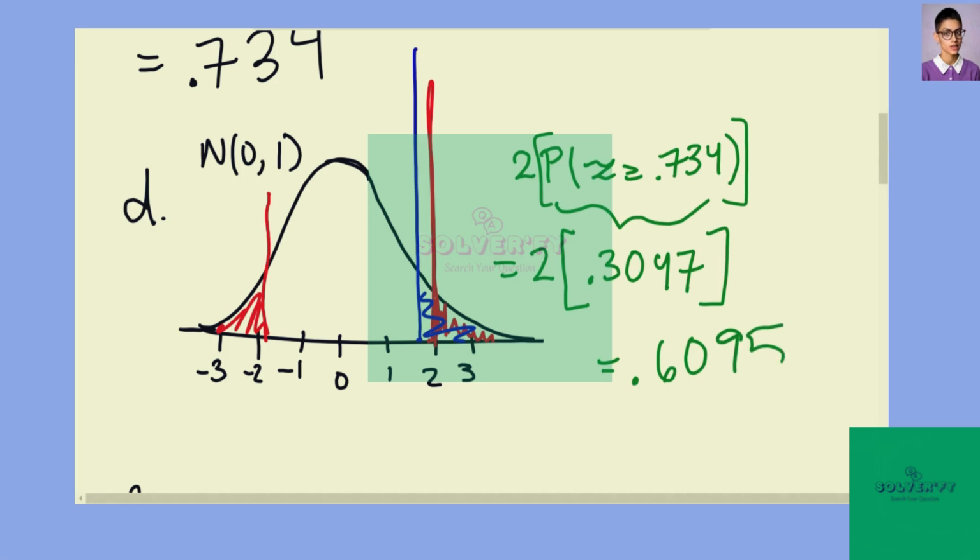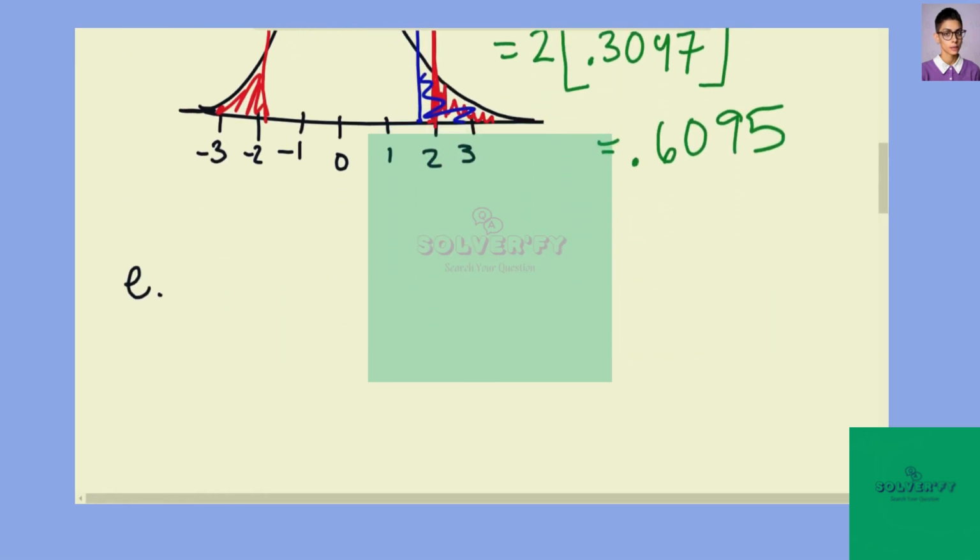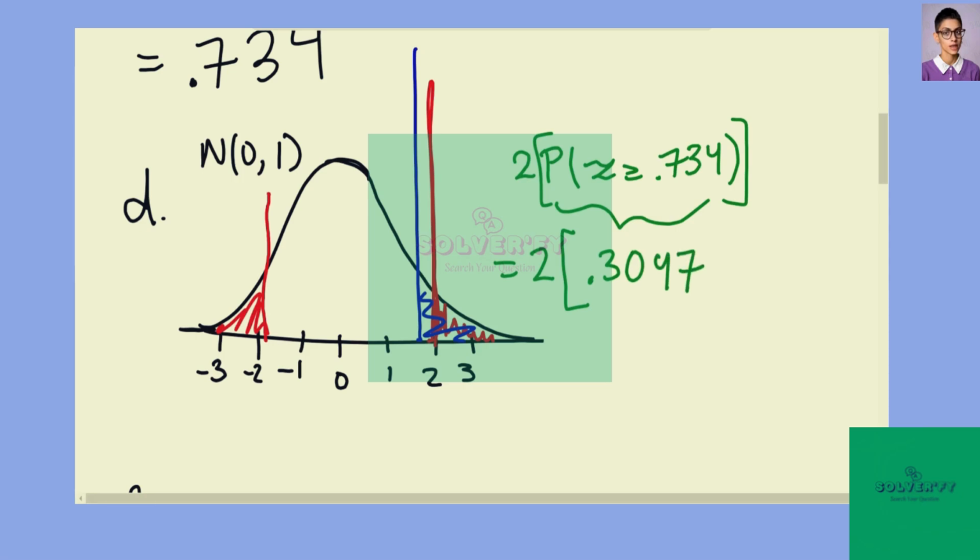And this is equal to 0.3047, which multiplied by 2, since this is two-tailed, is 0.6095.